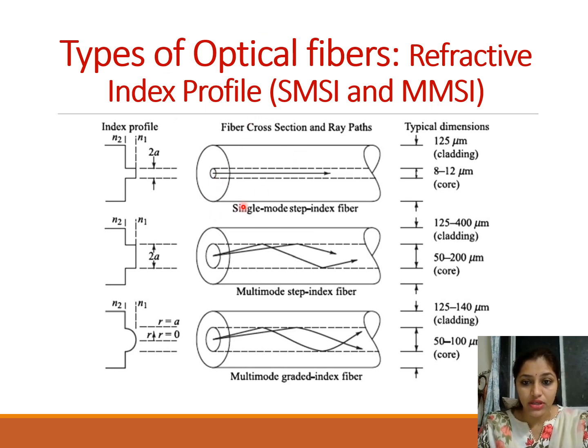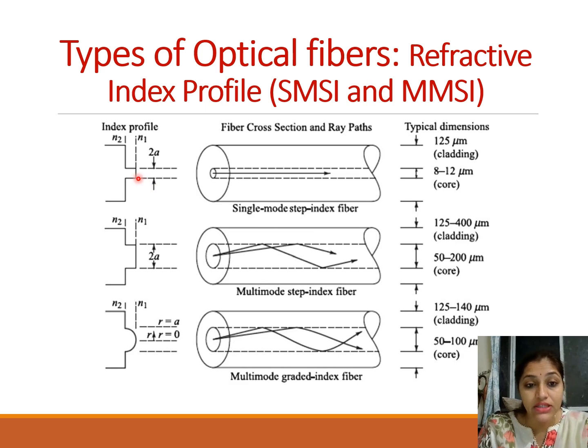So here you can see the first two diagrams indicate, see this is the representation of our optical fiber. So this is our core and this is our cladding. You can see two types are step index.